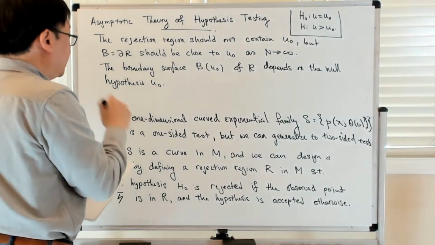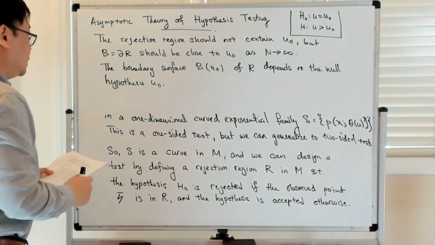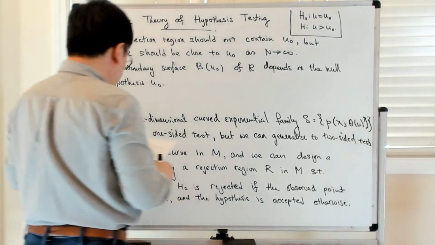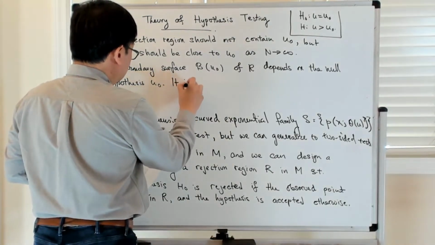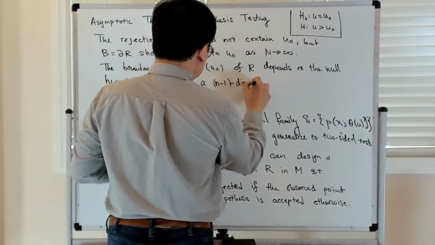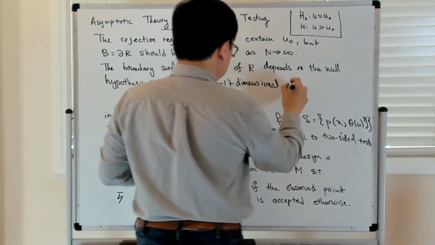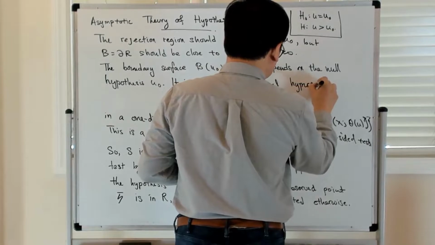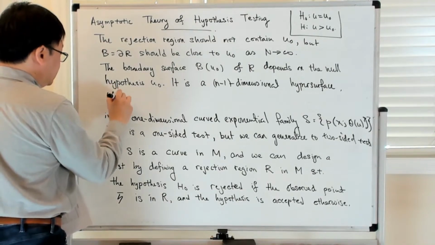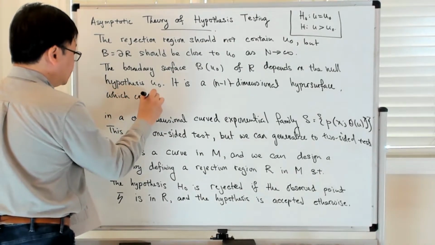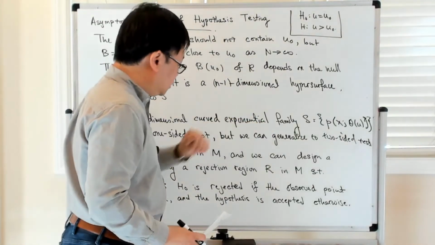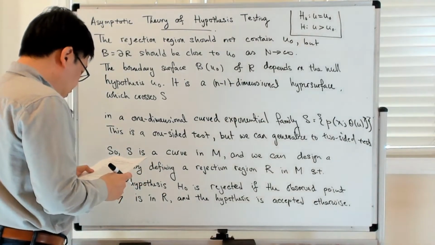U0. And we denote that dependence by the fact that B is a function of U0 in some sense. So it is an n minus 1 dimensional hypersurface, which crosses this set S, which is this one-dimensional curved exponential family, at a point.